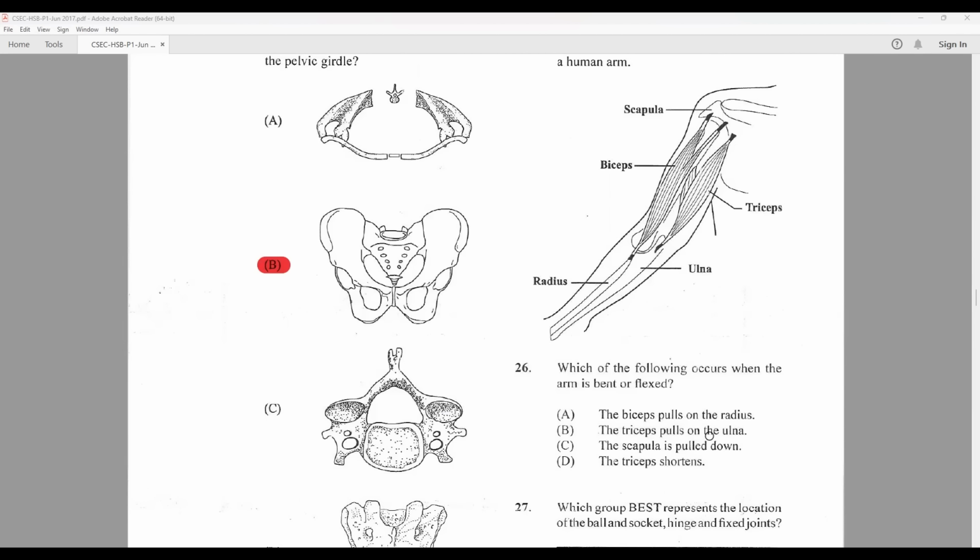The tricep pulls down on the ulna? No, that is if we wanted to straighten the arm, but they ask for bend or flex. The scapula is pulled down? Why are we bringing the scapula into this? The tricep shortens? Not for bending or flexing the arm. So the correct answer is A.